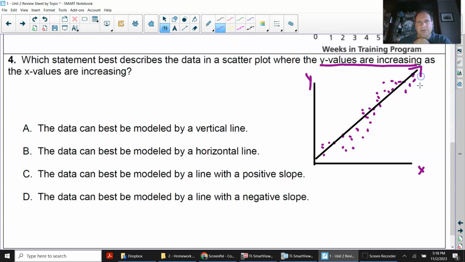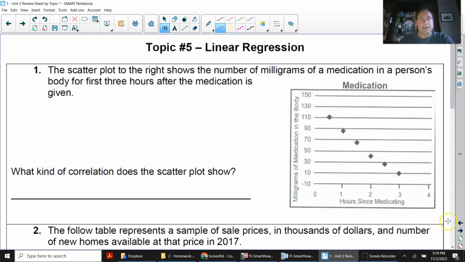The data could be best described by a vertical line? No, it's not a vertical line. Horizontal line? No. A line with a positive slope? Yes. Negative slope? No. So the best way is to actually draw it, and then you can get an idea of what it is that you're looking at.